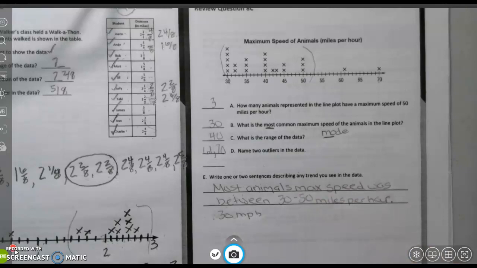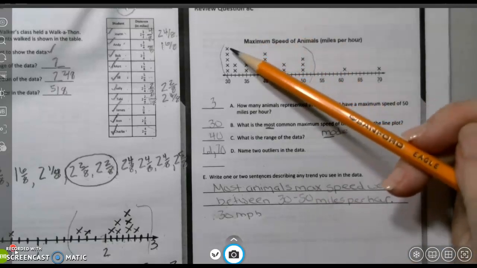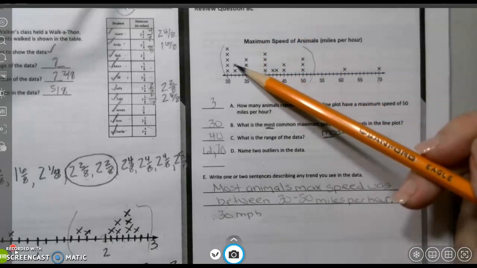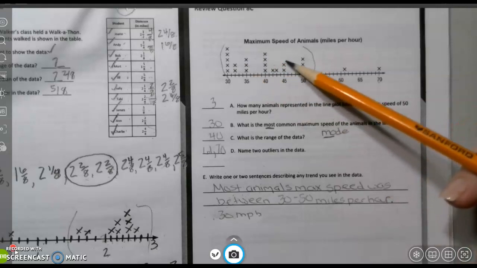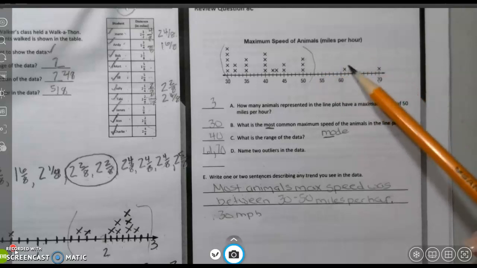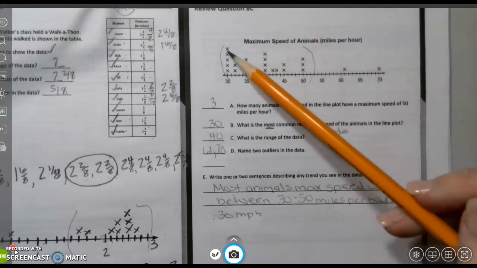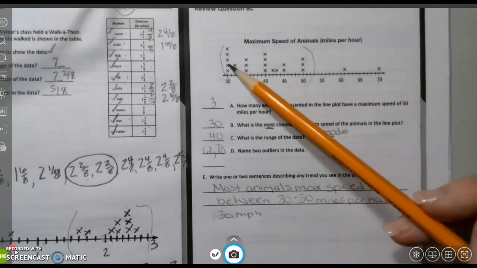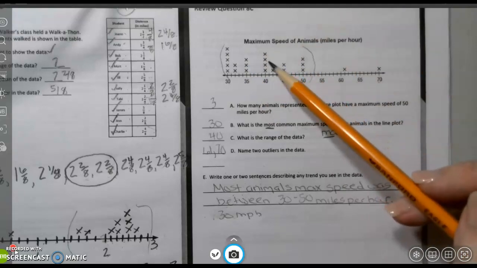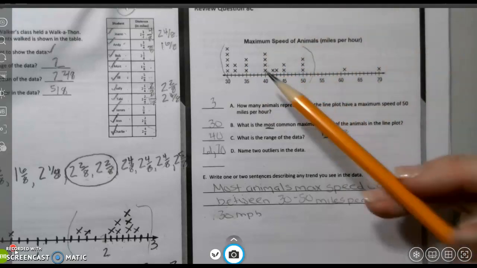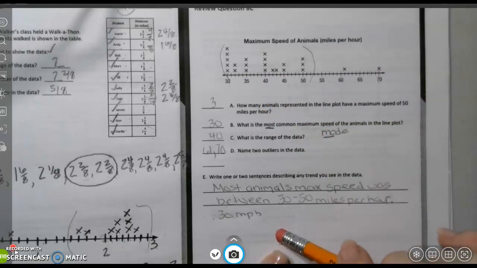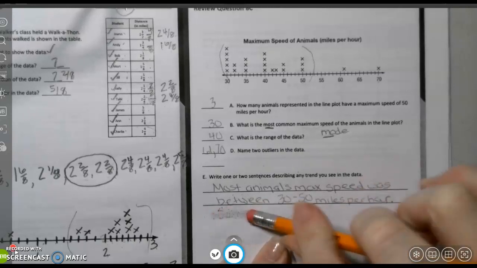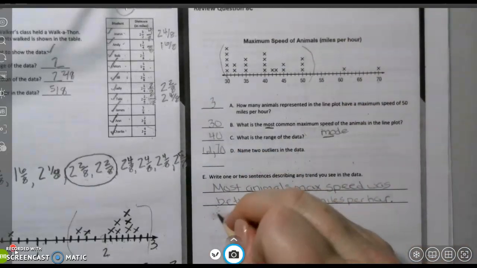Well, we could look at this and say there are 1, 2, 3, 4, 5, 6, 7, 8, 9, 10, 11, 12, 13, 14. So 14 out of the 21, I'm going to do that one.